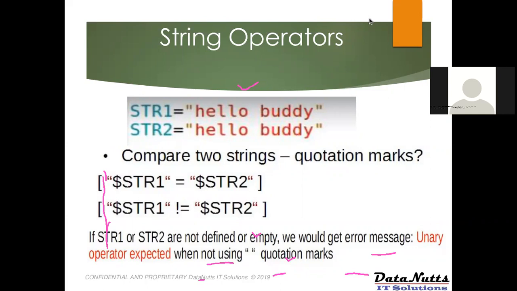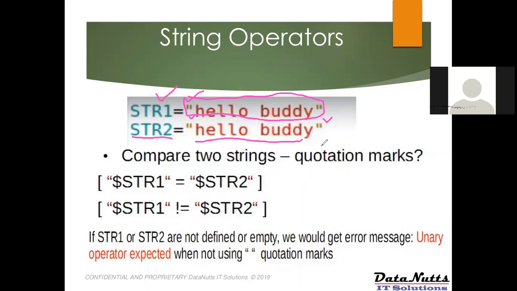You can see I have written here some examples. Here I have declared one string, str1, and you can see I have written it by using the quotes. If you don't use the quotes, then you will not get the correct output. Secondly, I have declared the second string as str2, and I have declared it between the quotes only.